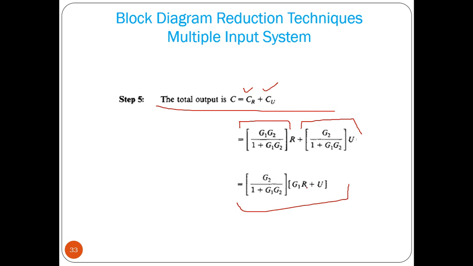It will be very difficult because R and U both inputs are there, so we cannot find the transfer function directly, but we can find the output of the system, C, with respect to both R and U inputs. Now we can find separate transfer functions: when U equal to 0, what is the transfer function? When R equal to 0, what is the transfer function? So this is for a multiple input system with a single output.